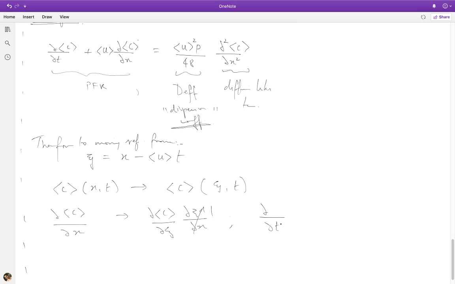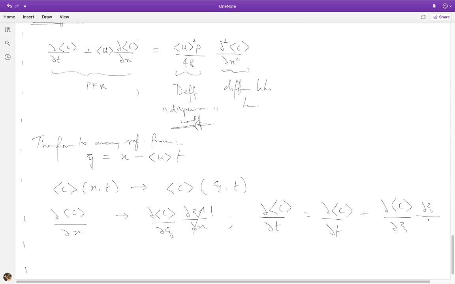But for dou t of the average concentration, now working with this transformed form, I must use the chain rule, so it's the local derivative in time of c, plus, following the chain rule, dou c dou zeta times dou zeta dou t, and this is just minus the average u.